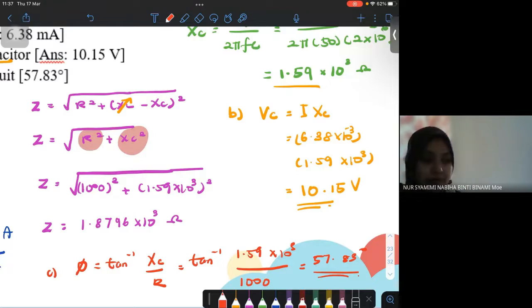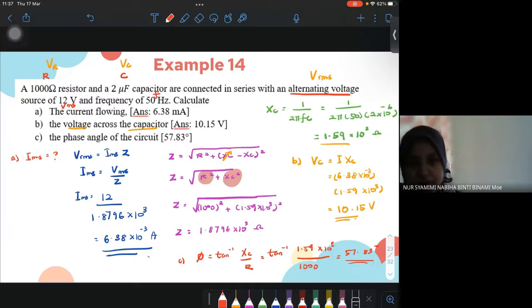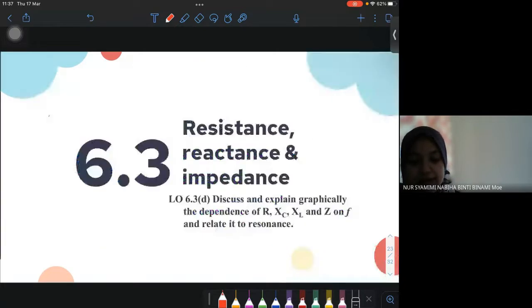So we have done for XC and XL circuit untuk hari ini. So sikit lagi, which is taklah sikit sangat, banyak juga lagi. So kita sambung pada learning objective. Sampai situ ada soalan tak?